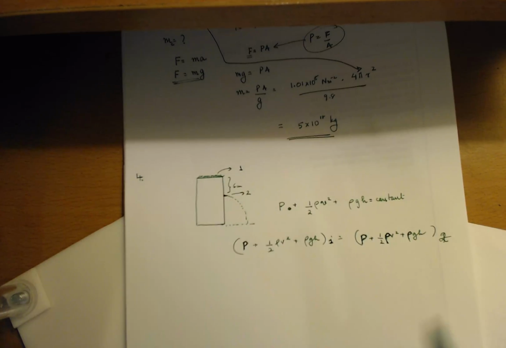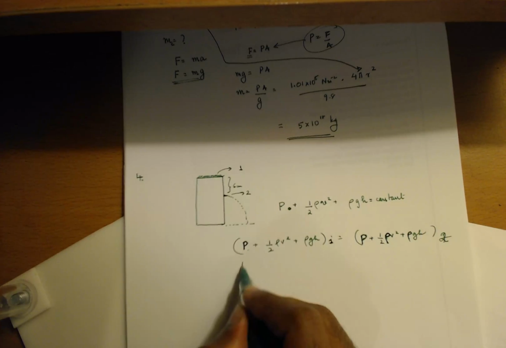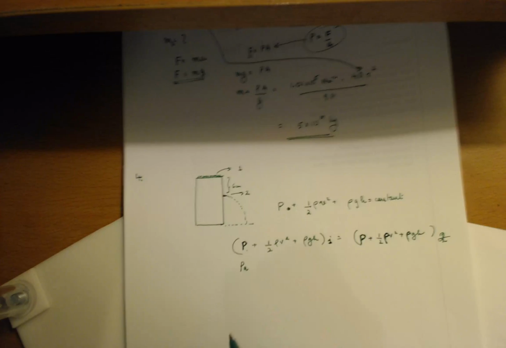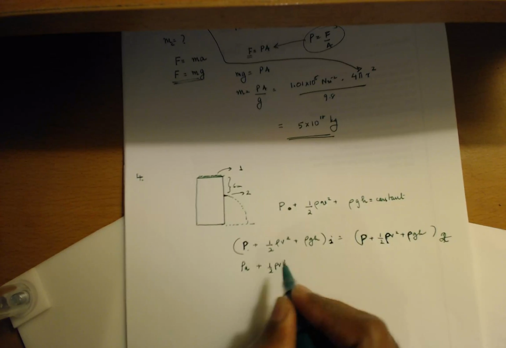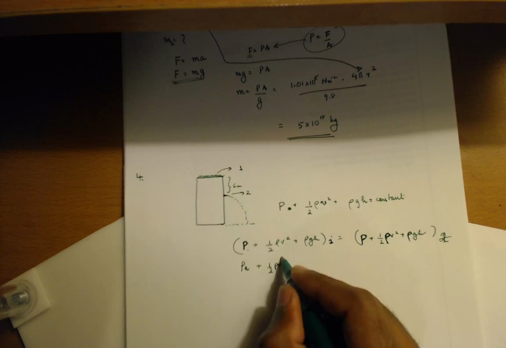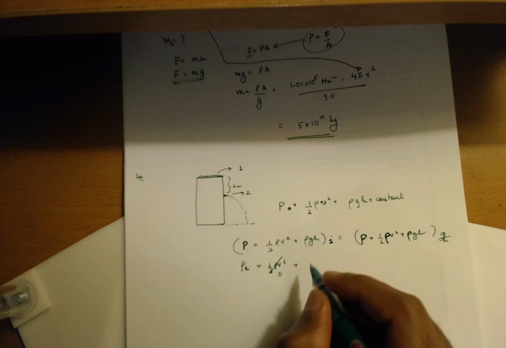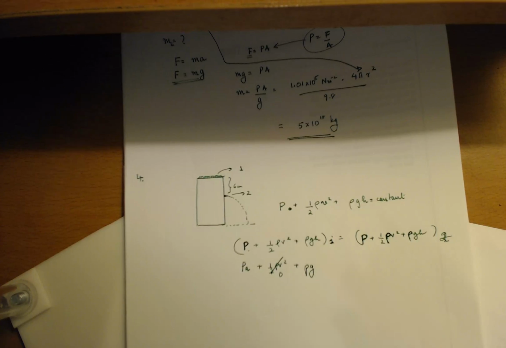Pressure on top, when interacting with air, is just atmospheric pressure, so that's going to be P atmosphere plus half rho v squared. Now the water is not actually jetting out anywhere, so it has no velocity up here, so this is 0, plus rho g h. So I'm going to say rho g.